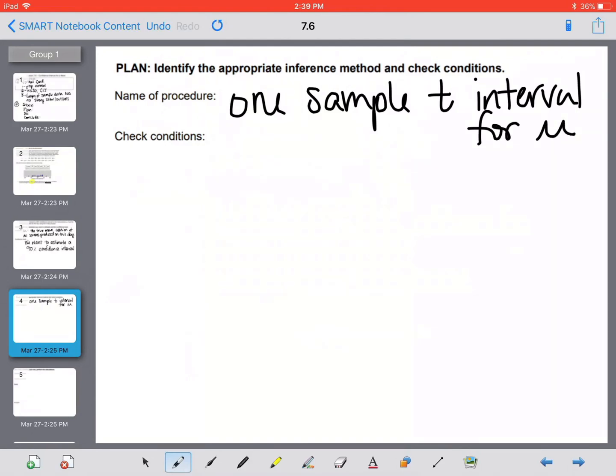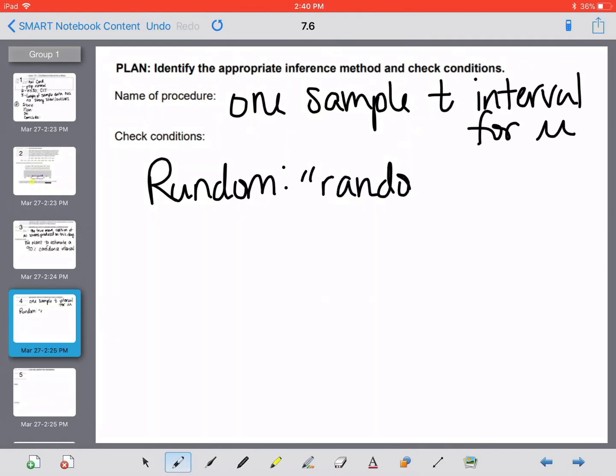Okay, so checking our conditions. Is it random? Well, they say random sample of 20. So that works.